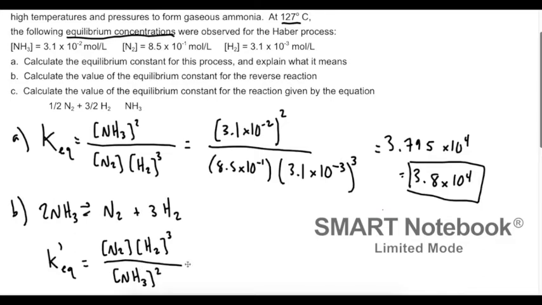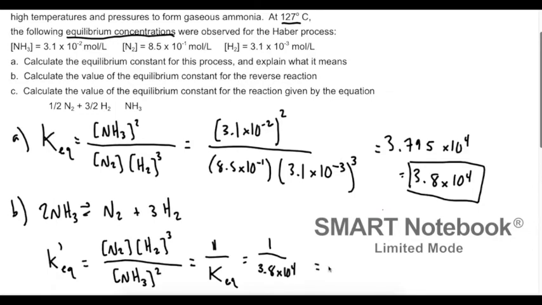So it is going to be equal then to 1 over my regular K value, the reciprocal of my regular KEQ. Hopefully you can see that I've just flipped the equation. And so the answer, I don't need to really calculate again. It's going to be the reciprocal of this, 1 over 3.8 times 10 to the fourth.